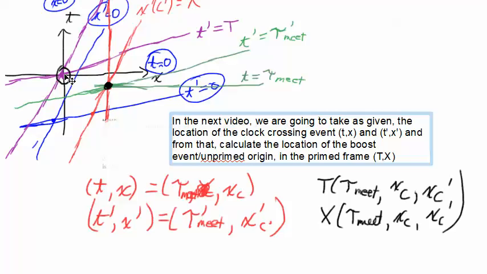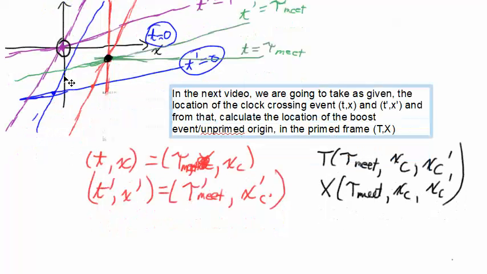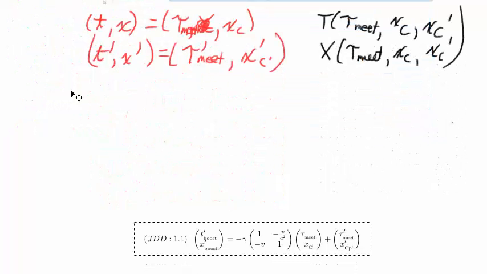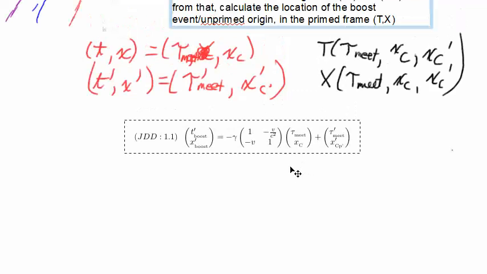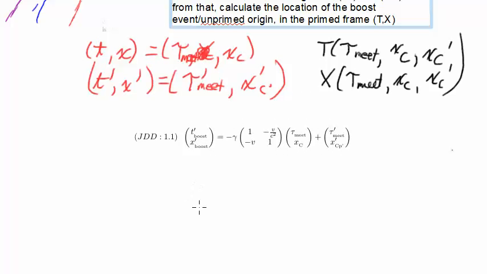But in the primed frame, where it's measured from here, tau prime equals 0 and x prime equals 0, it's going to have a different value, and that's what the capital T, capital X is. I've written this in my paper as 1.1, but some of the things in here are renumbered.